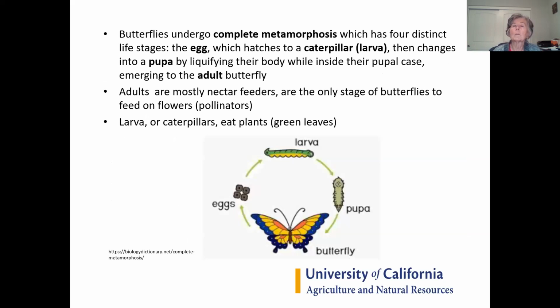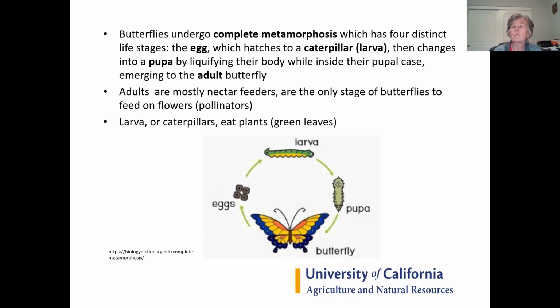Butterflies undergo complete metamorphosis. That's different from incomplete. Incomplete would be like a grasshopper or praying mantis. When they hatch out of their egg, they just look like a tiny adult, and they just get bigger. Complete metamorphosis means the stages are very different.